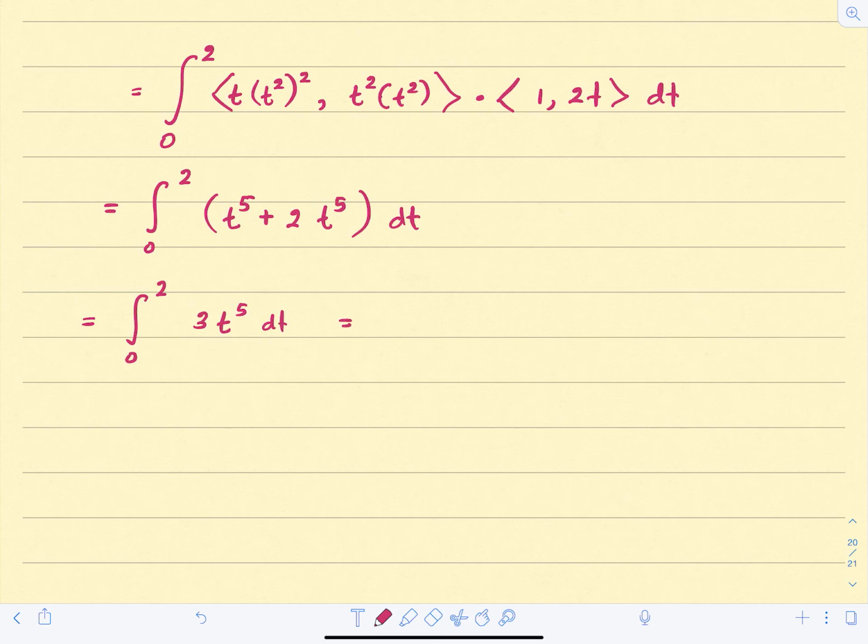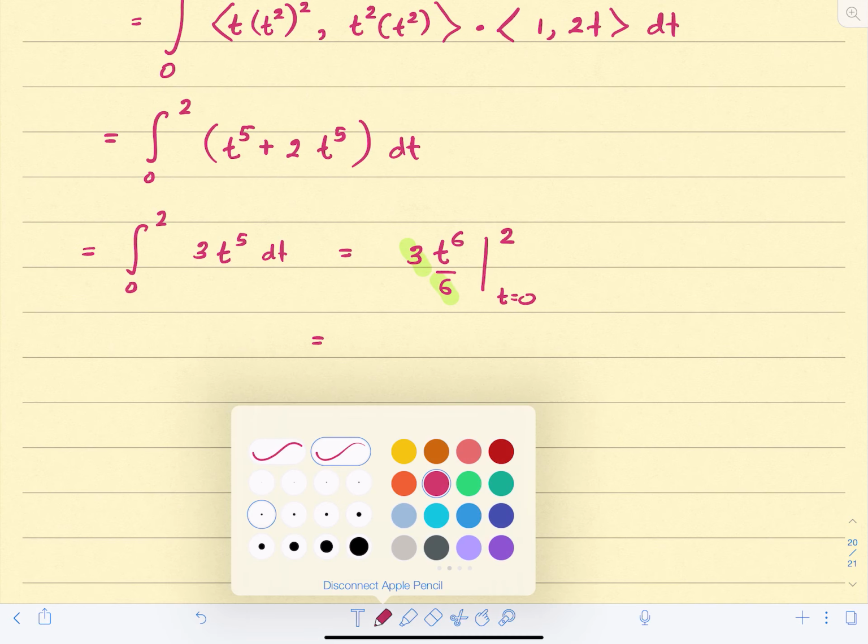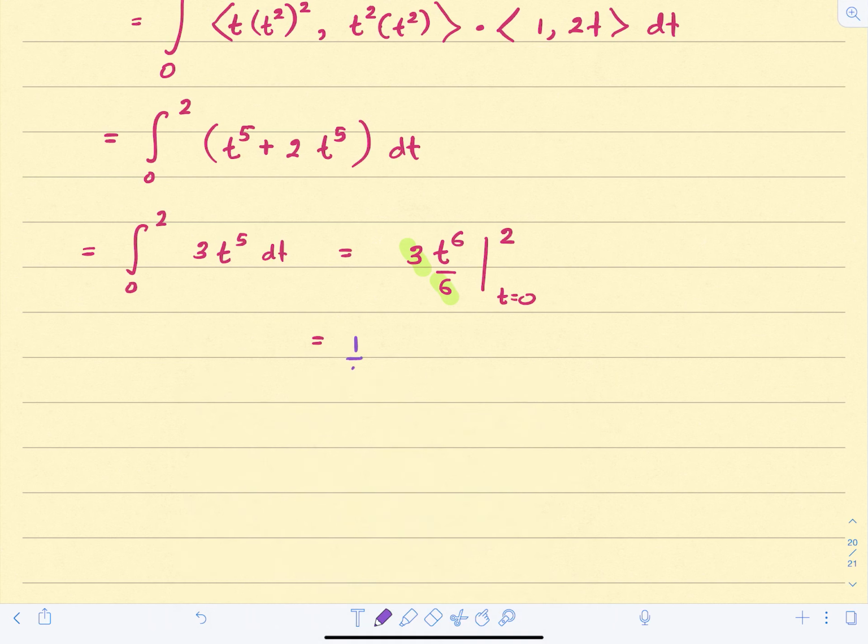If you integrate this, you get 3 t to the power 6 over 6, lower limit 0, upper limit 2. So 3 over 6 is 1/2 times 2 to the power 6 minus 0.